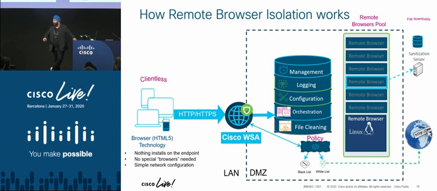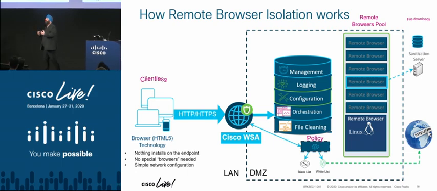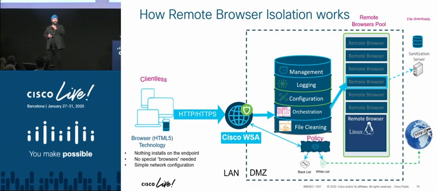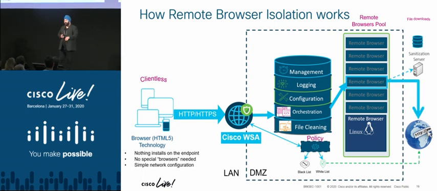From there, it goes to the orchestrator, which is the RBI solution. The RBI solution works like a container, where your traffic would be browsed. Your request goes to the orchestrator, which automatically picks any container available right now. And from there, the traffic goes to the internet.